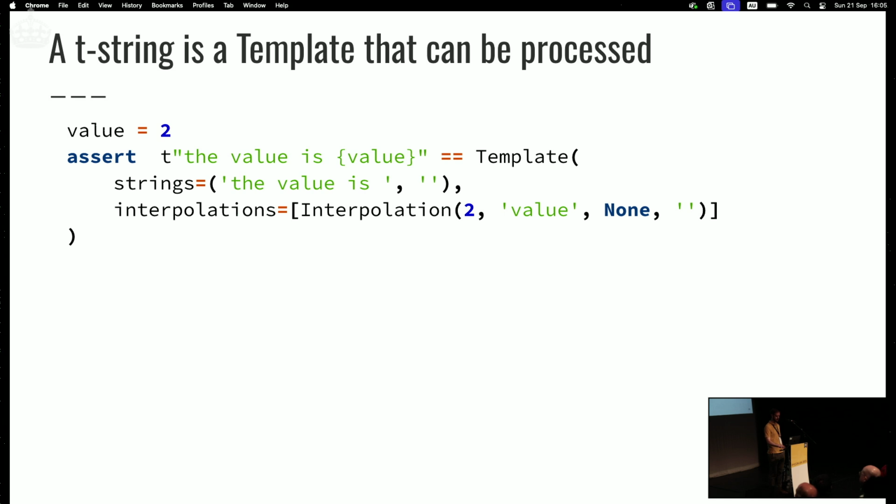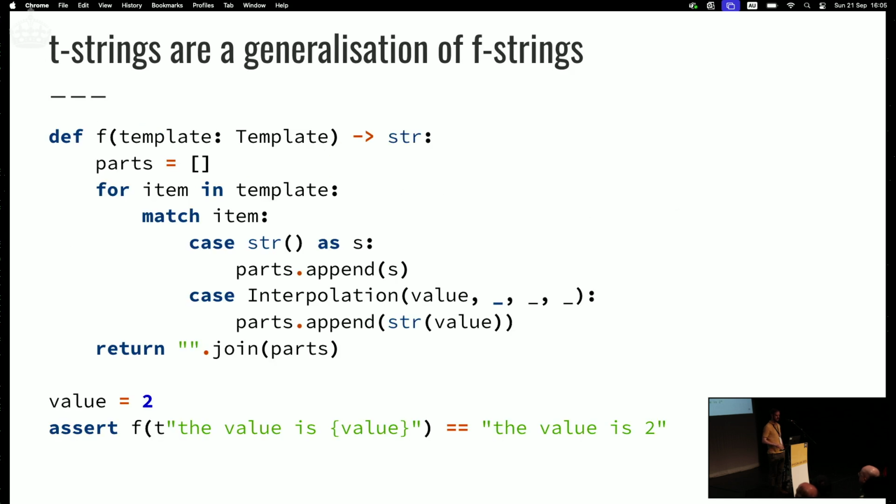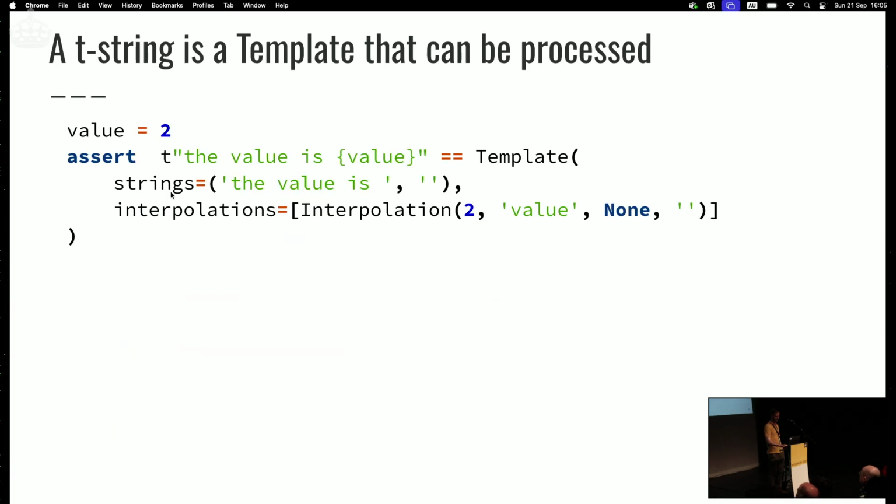It's up to you. So to try and tie them together, and this is an example taken from PEP 750, which introduces t-strings, you can pass the t-string template into a function, let's say called f, and reproduce what f-strings do. If I just go back to the definition of template, it also has a way to iterate over it, and it gives you a string first, and then interpolations, and then the string after.